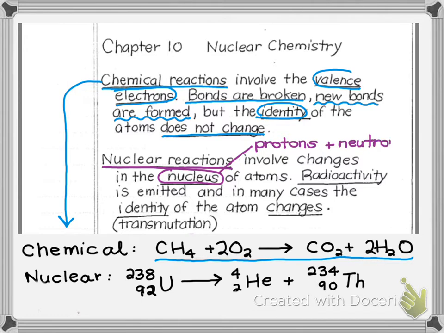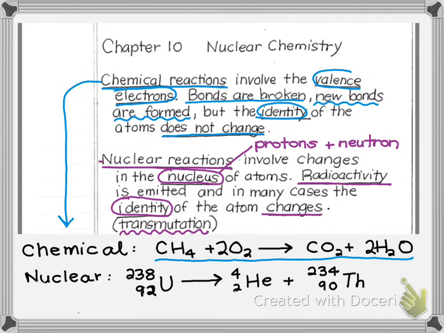So if the number of protons changes, then the identity of the atom will change. In a nuclear reaction, radioactivity is emitted or given off, and in many cases, that emission of the radioactivity will change the identity of the element. The change of the identity of the element is known as transmutation.